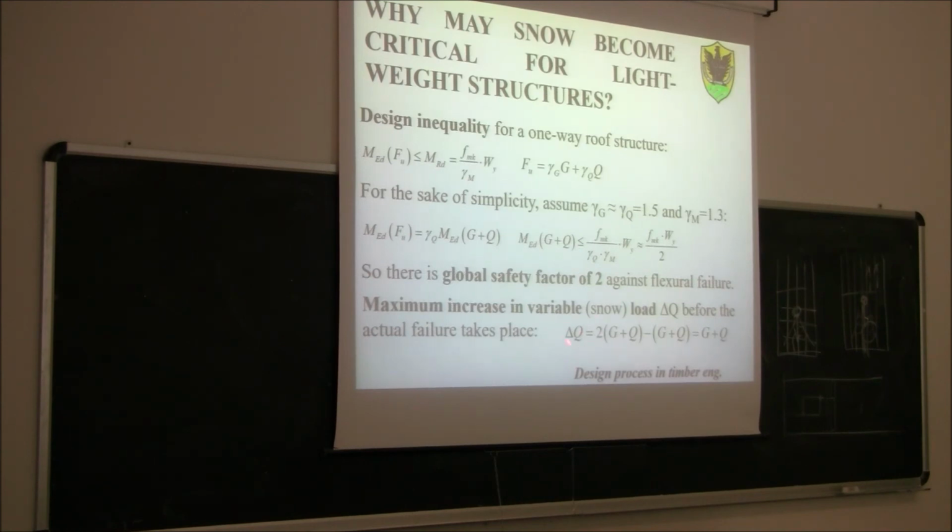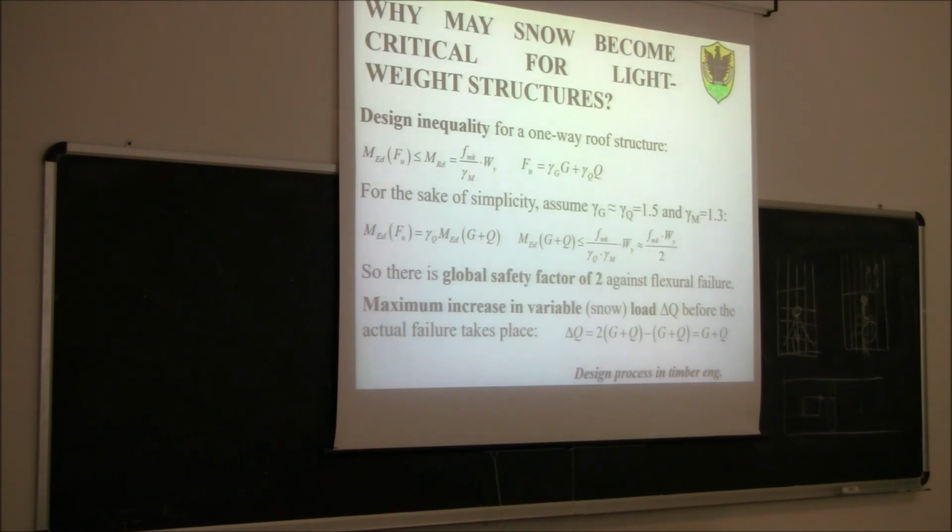Well, delta Q shall be given by the total failure load. If G plus Q leads to a safety coefficient of 2, the total failure load will be twice G plus Q. So 2 times G plus Q is the total failure load, minus G plus Q is the actual load. So this difference will give me the increase in snow load that my structure can tolerate before it fails.